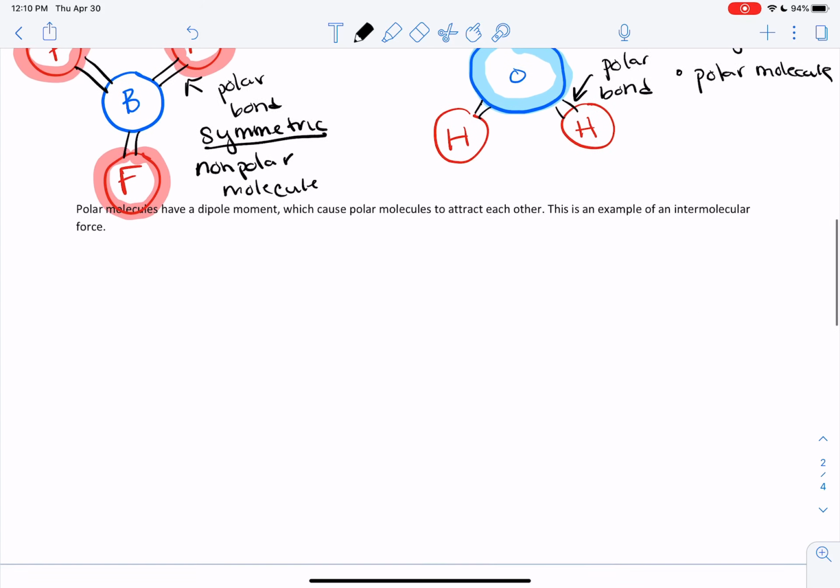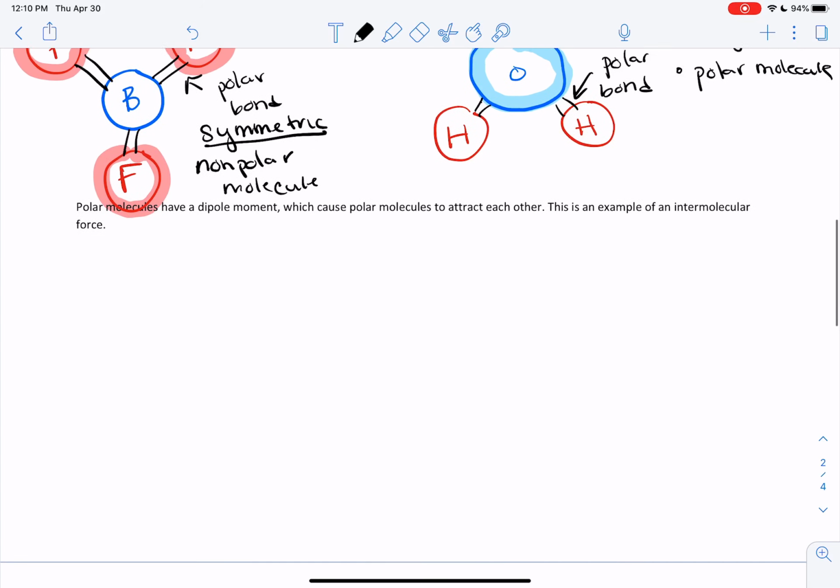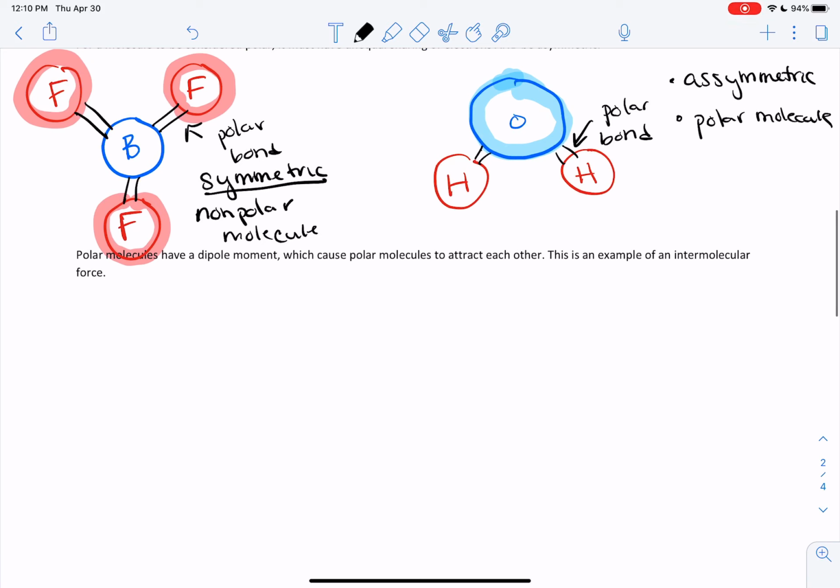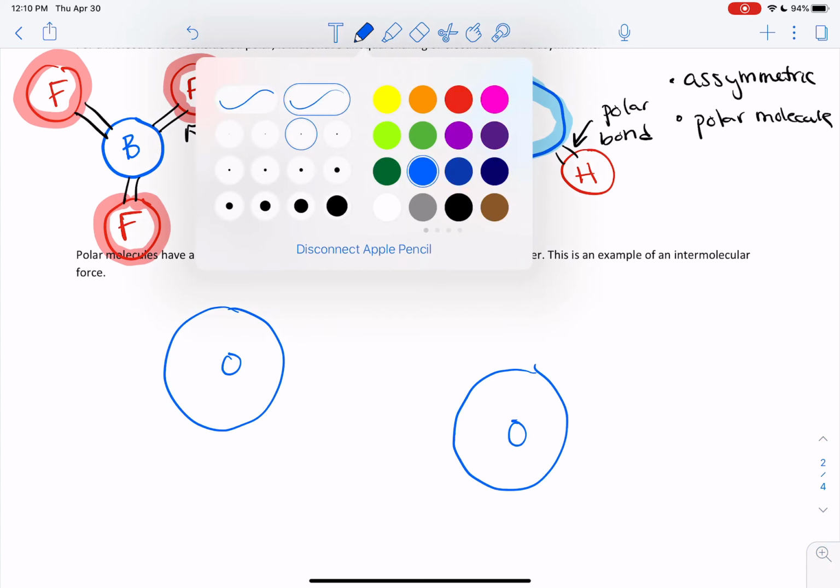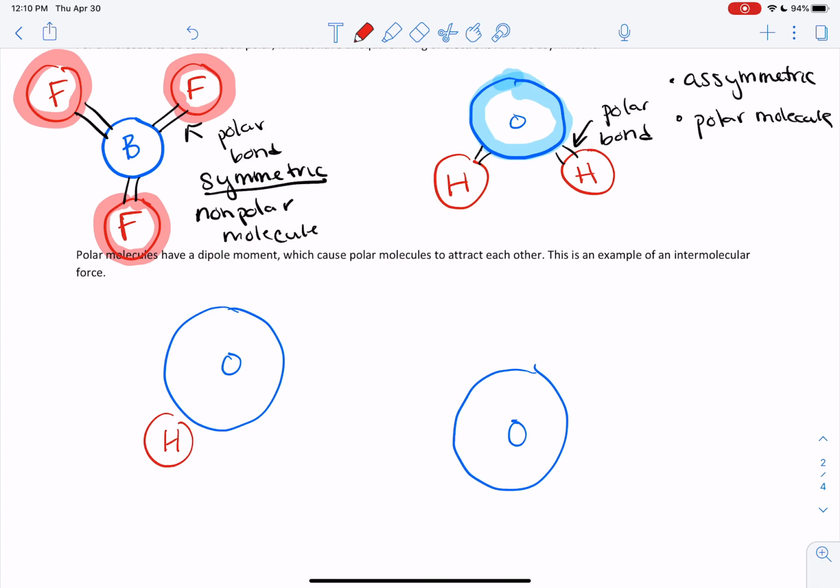Okay. So polar molecules have what we call a dipole moment. And this causes polar molecules to attract each other, and that is an example of an intermolecular force. So going back to our water example here, okay, we know that the oxygen has that partial negative, right?